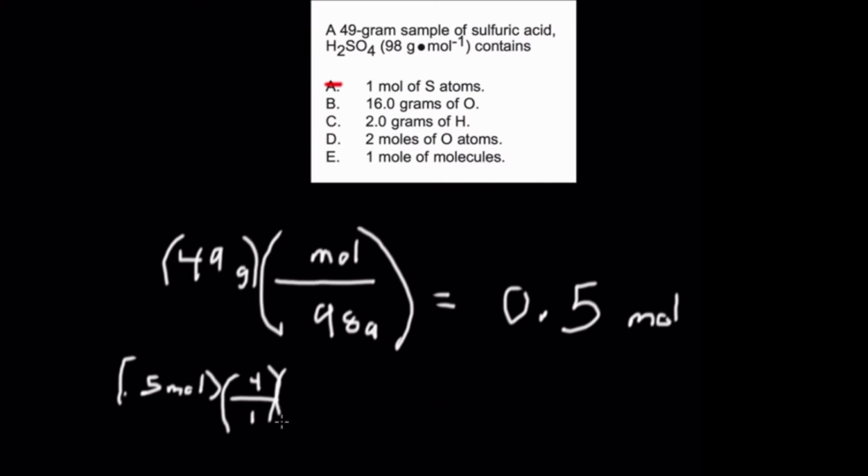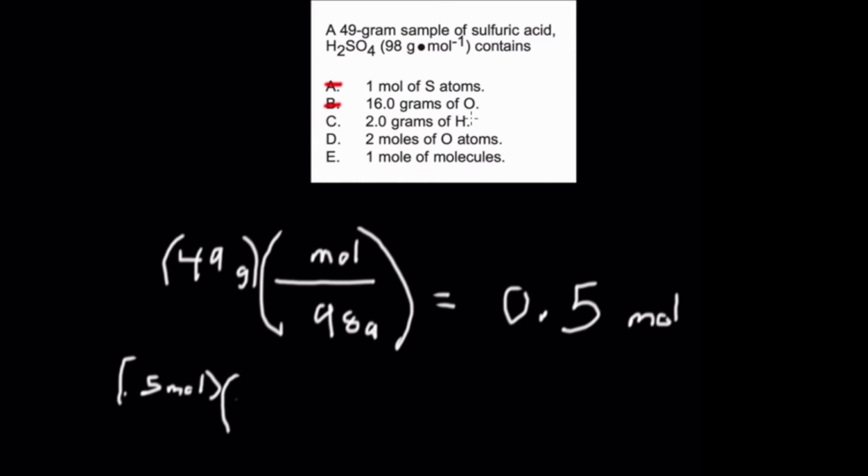And then we know that in 1 mole of oxygen, we have 16 grams. So to determine that, we'd have 16 times 4 is 64, times a half is 32 grams of oxygen. That is false. That is incorrect. So we can eliminate 16 grams of oxygen from our answers. Okay, so we're making progress.